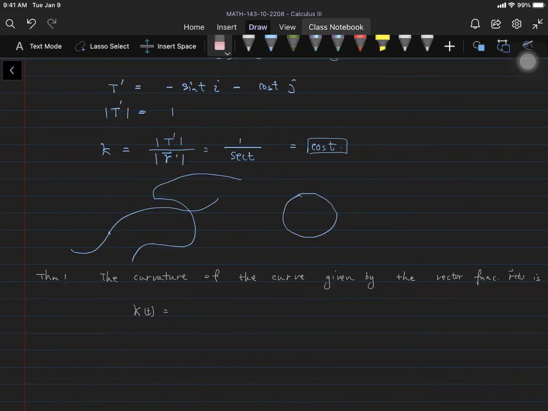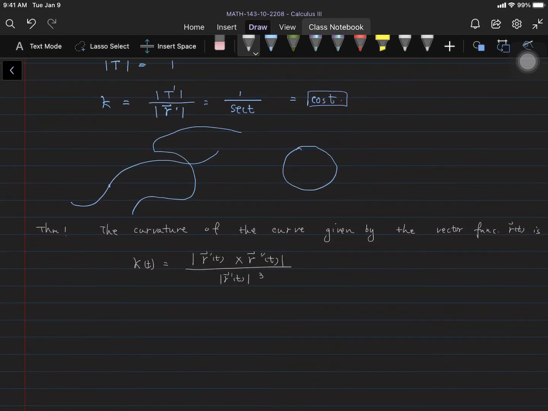There's another way to calculate the curvature by using a formula. So let's take a look. As given by the theorem, the curvature of the curve given by the vector function is the length of the cross product of r prime t and the second derivative of r, divided by the length of r prime t cubed.